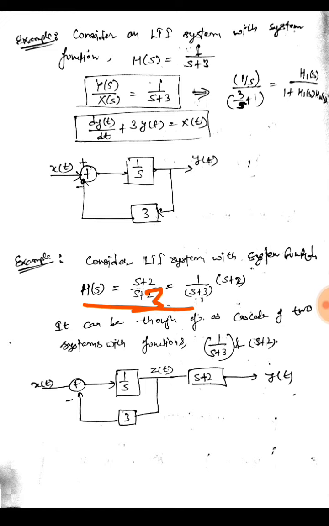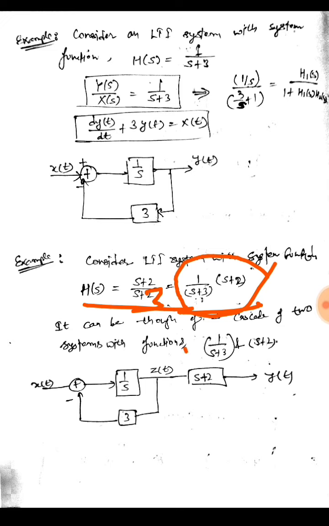So it would become 1 upon s plus 3 multiplied by s plus 2, as a multiplication of two systems. It would be the case of a cascaded form, because we have seen that in cascaded form two system functions are multiplied in the frequency domain.